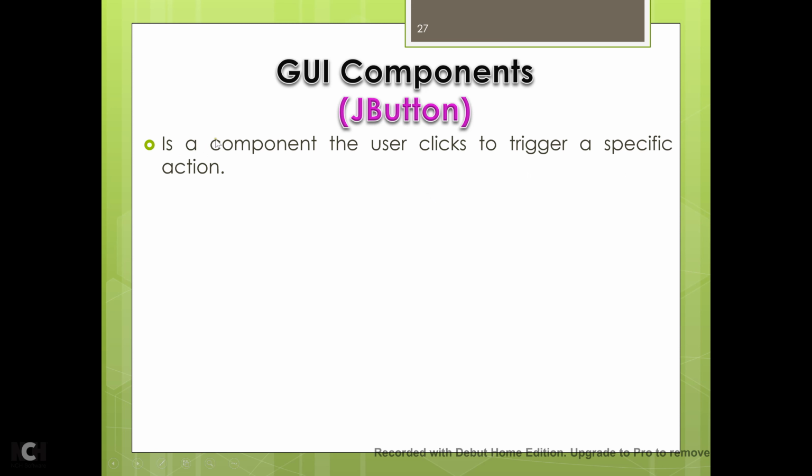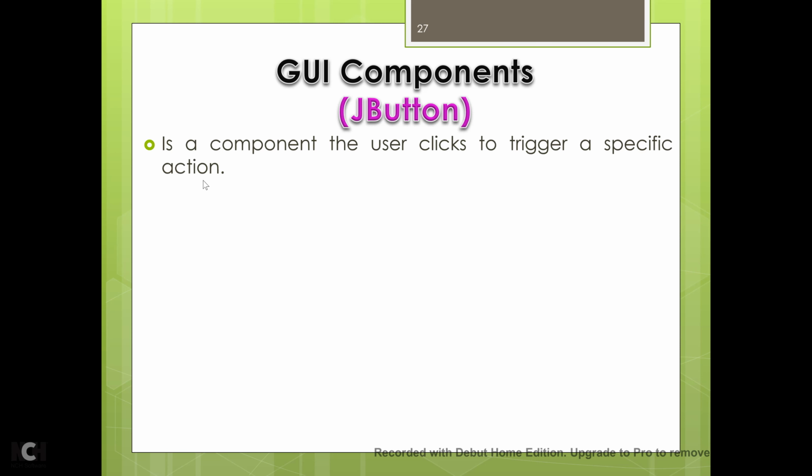And since we are talking about action here, I would like to mention that GUI programming is basically event-driven programming. We program in such a way that we think about what event is going to happen if we do some operation.